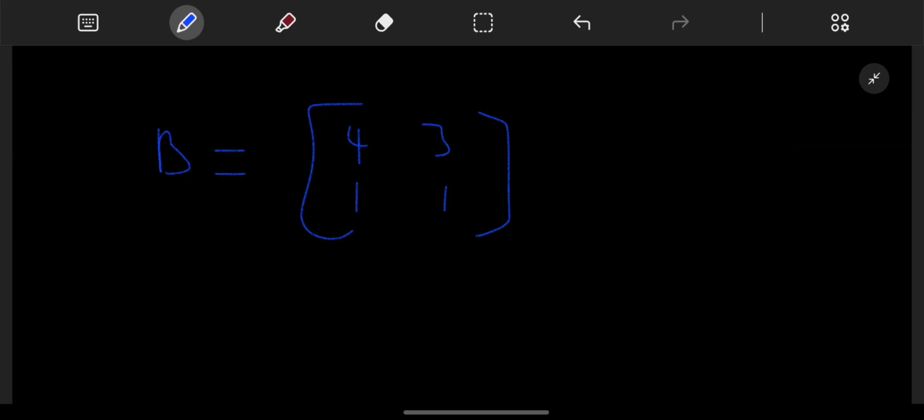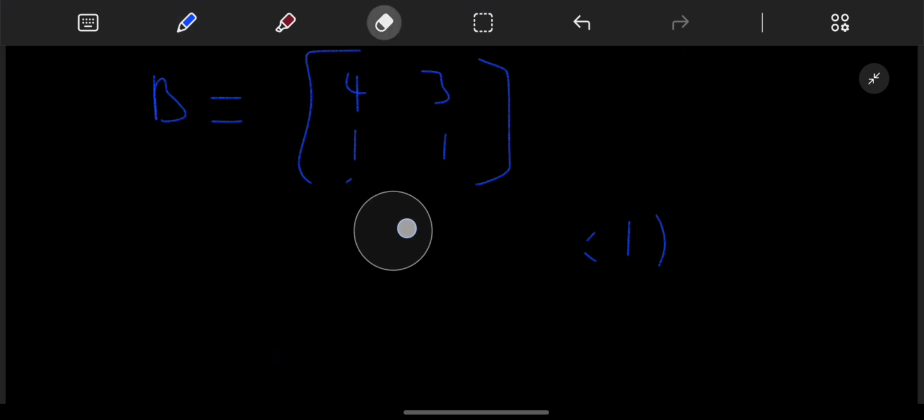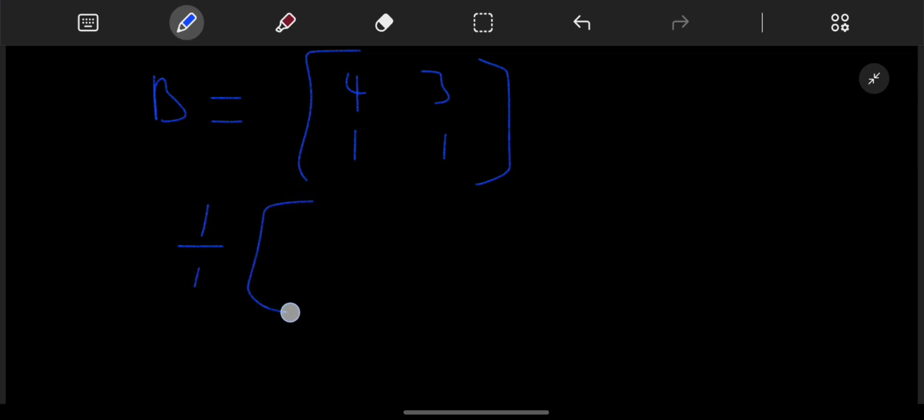To find the inverse, we first calculate the determinant, which is 4 times 1, then we subtract 3 times 1. So 4 times 1 is 4, and 3 times 1 is 3. So 4 minus 3 gives 1. So the determinant for this matrix is 1. Now for the inverse, we say 1 over the determinant, which is 1.